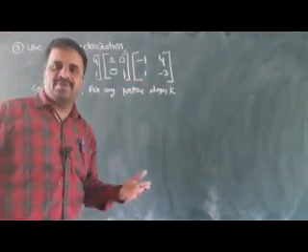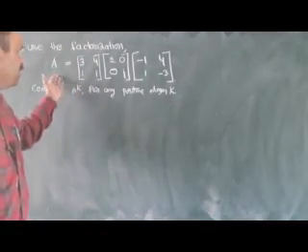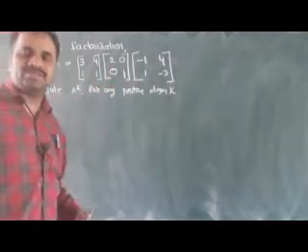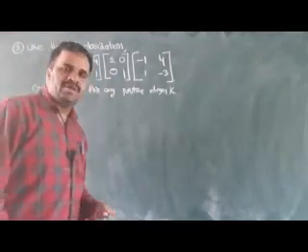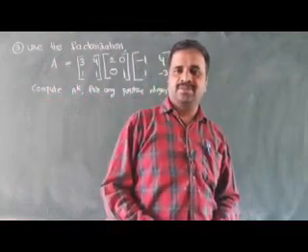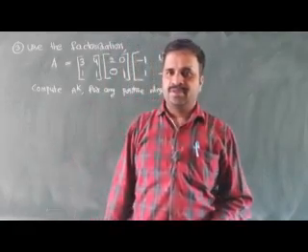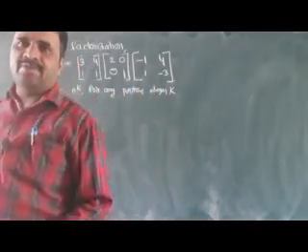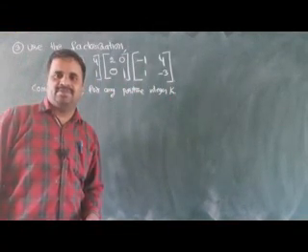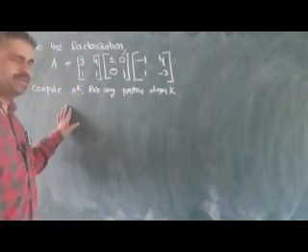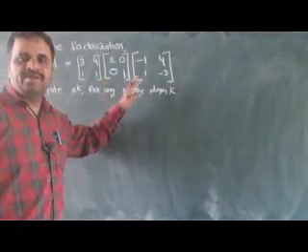From these matrices you can find A power k, because we know that if A is similar to a diagonal matrix, then A power k is equal to P D power k P inverse. A is similar to D means D equal to P A power k P inverse. Using that condition we can find A power k.